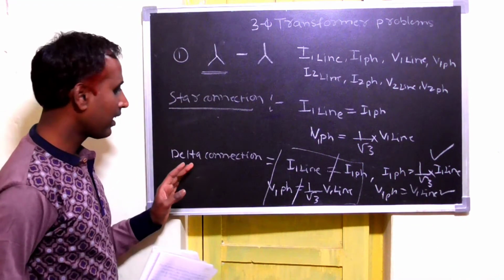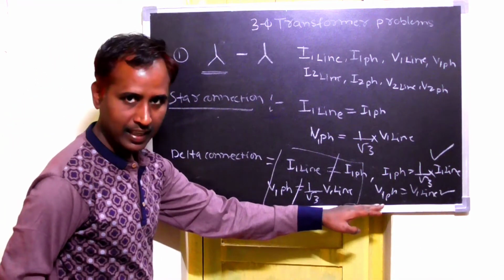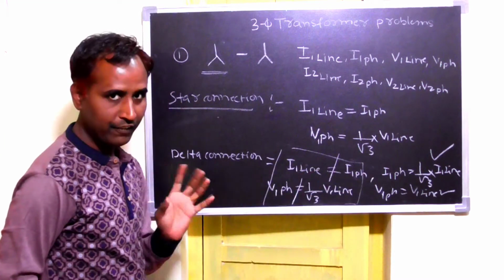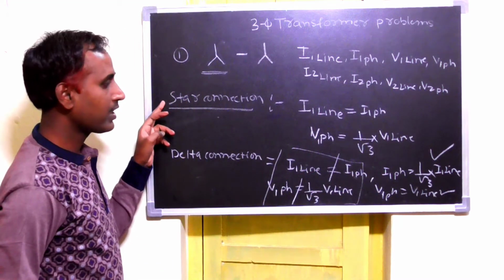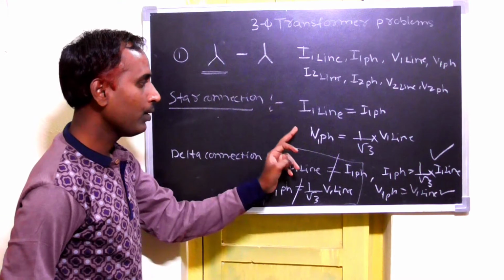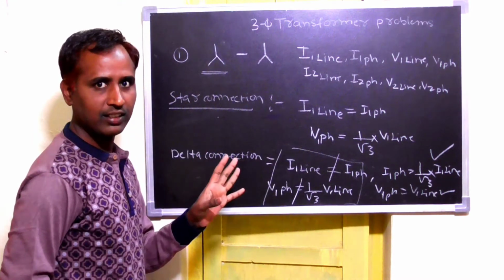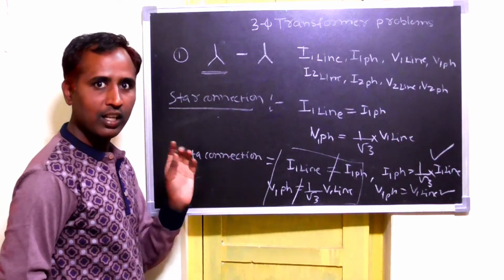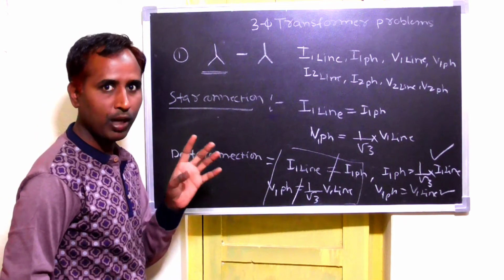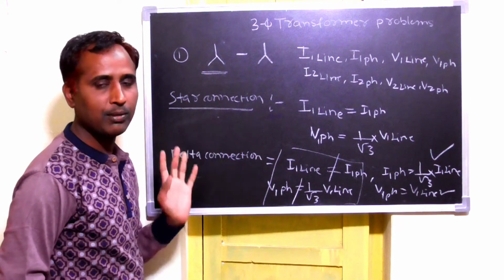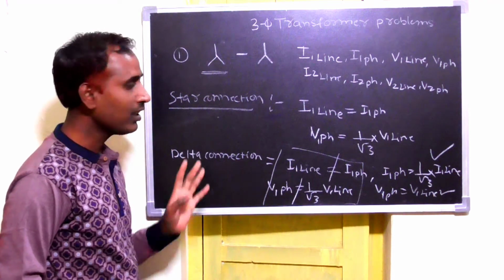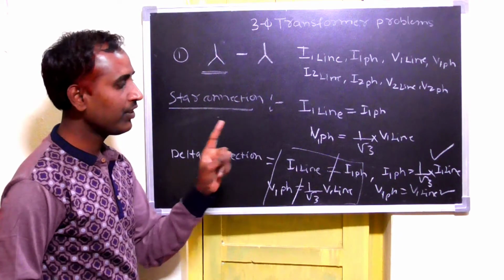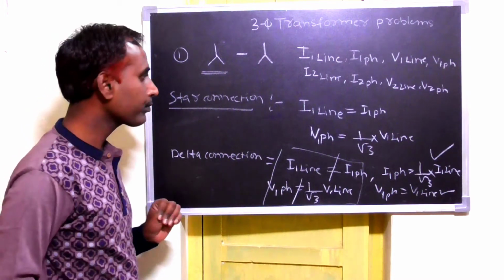In delta connection the voltage is the same and the current is different. In star connection the current is the same and the voltage is different. If you remember these two formulas, you can handle any problem on three-phase transformers. Friends, don't get confused, this is a very important formula.